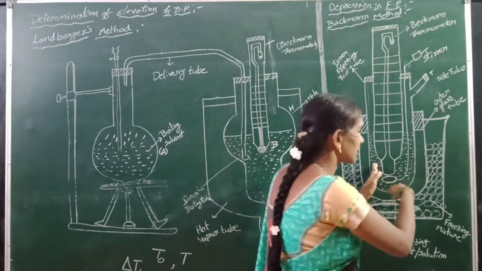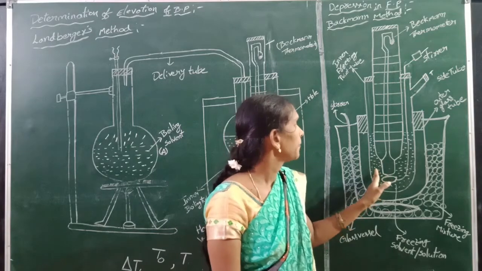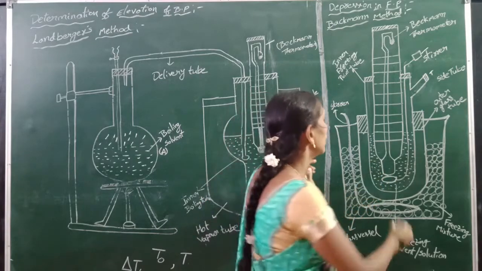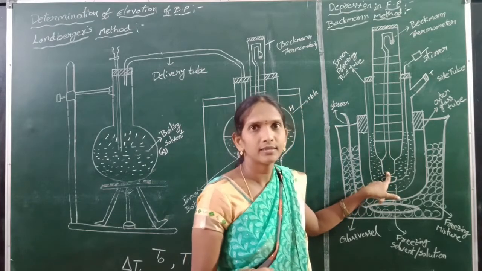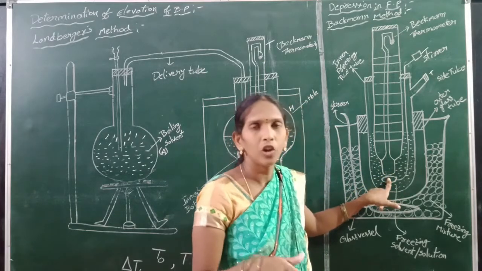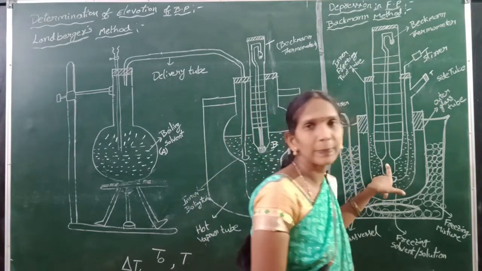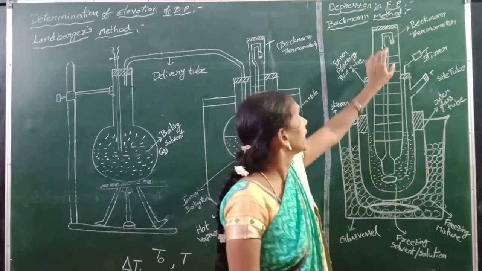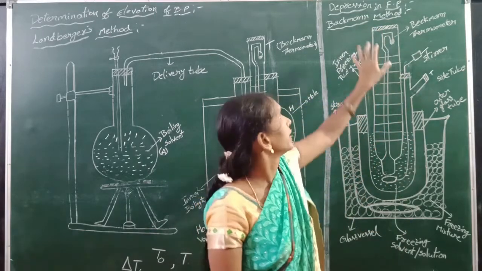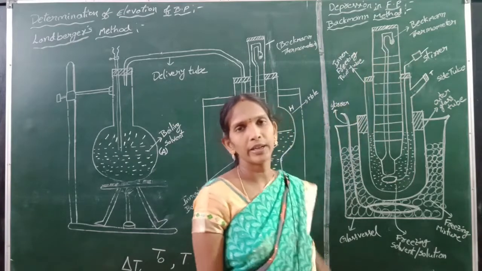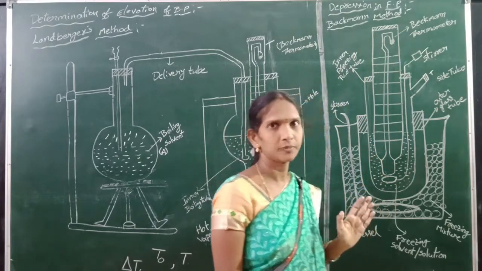The temperature decreases. Freezing means the temperature is low. The falling temperature is indicated on the Beckmann thermometer. This is the temperature of the pure solvent.